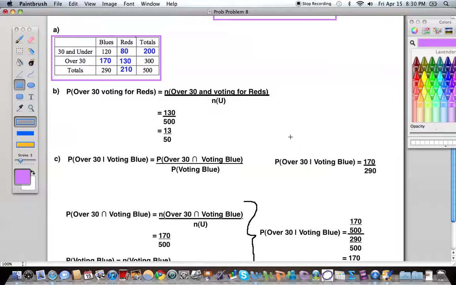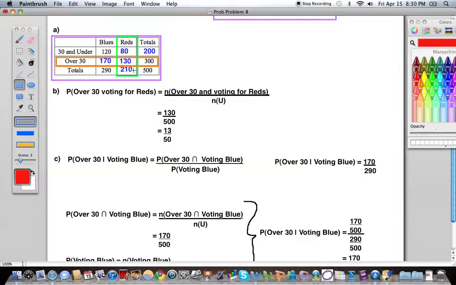Part B says, using the table or otherwise, find the probability of a person over 30 voting for the Reds. Well, let's see. Look at this box where the person's over 30. We look at this box where the person voted for Reds.